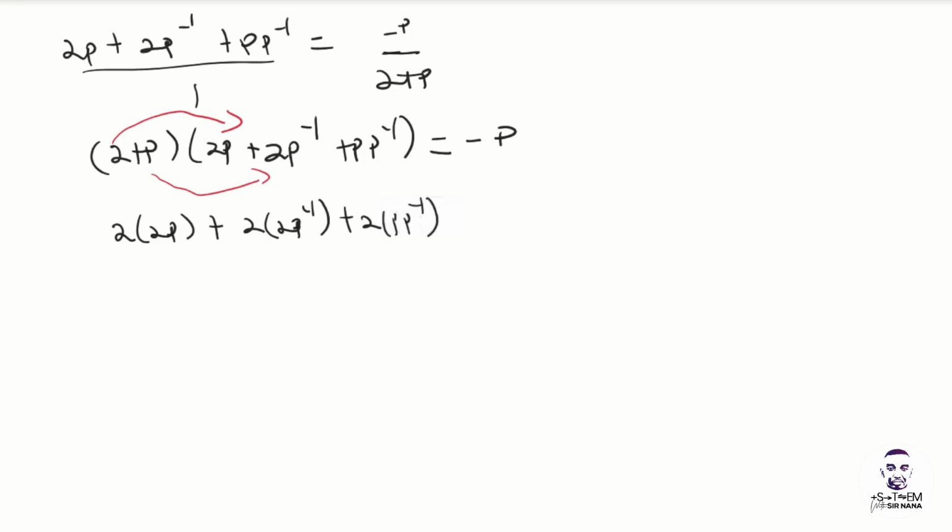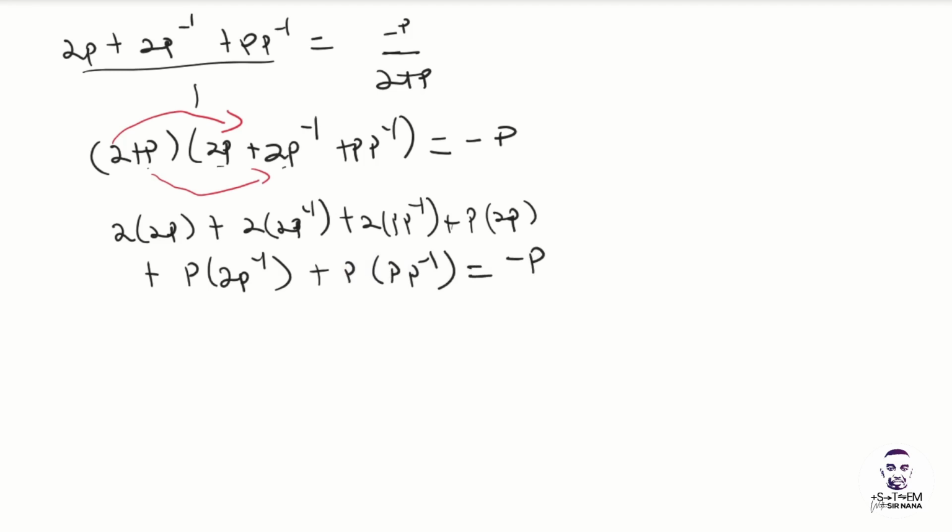Then we'll take the P. So we'll have plus P multiplied by 2P plus P multiplied by 2P inverse. So you are taking the P and multiplying by each of them. You take your time and do it one by one, right? So plus P multiplied by P inverse, and that will be equal to negative P.